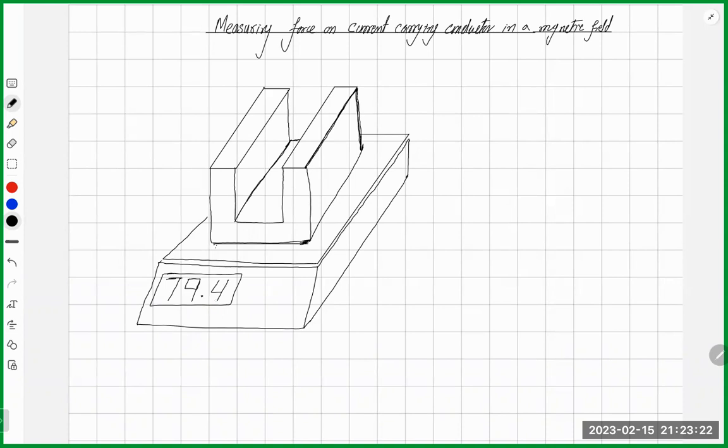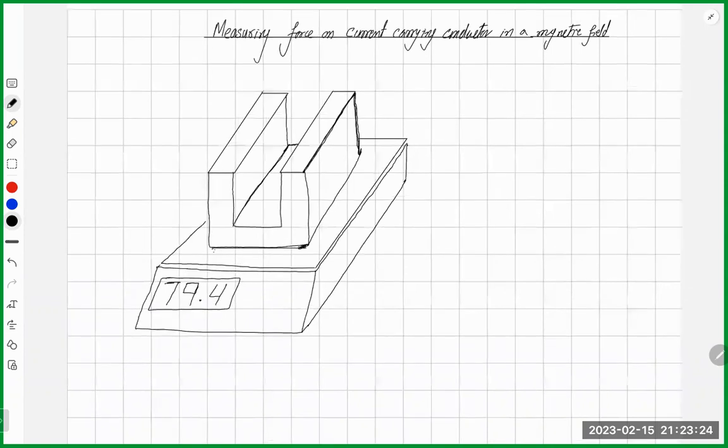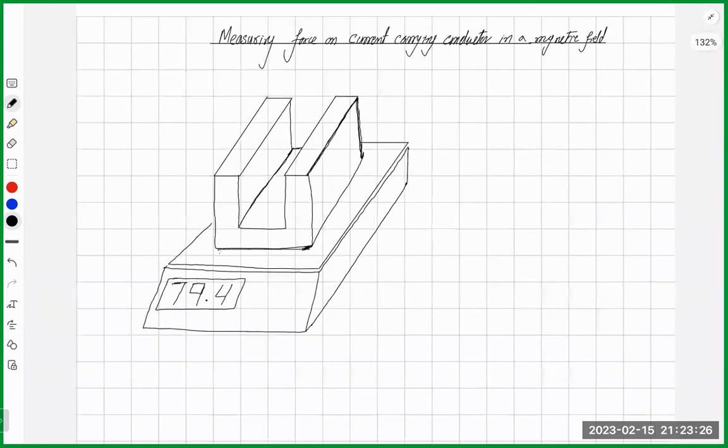So this is a strong, permanent magnet on the electronic balance.